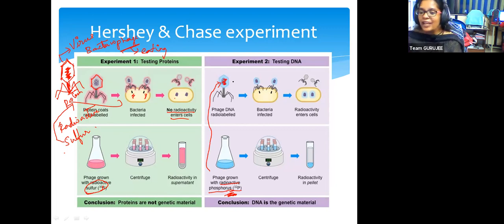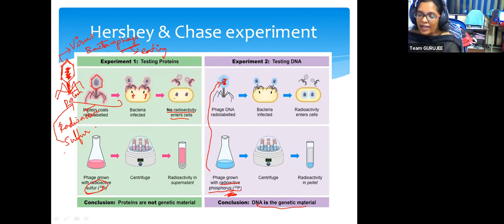The same steps were followed. They allowed the bacteria to be infected. Then in the third step they saw the radioactive DNA. So the conclusion is that DNA is the genetic material.